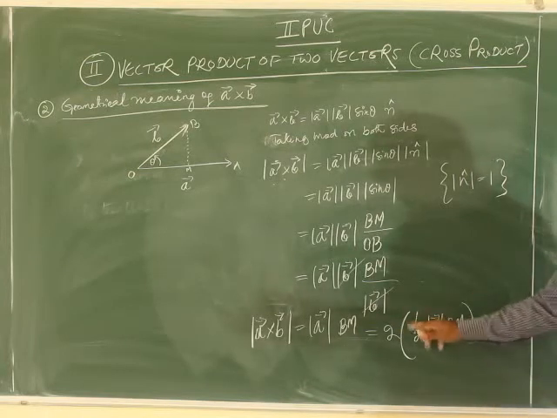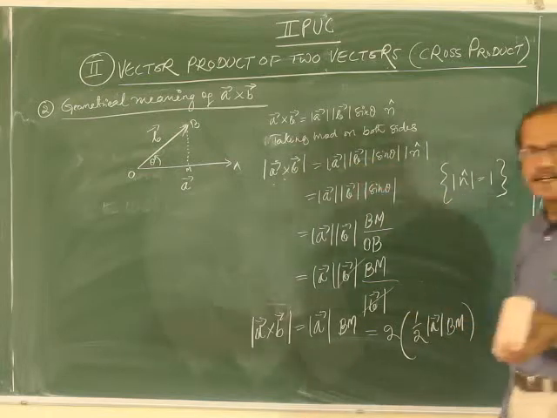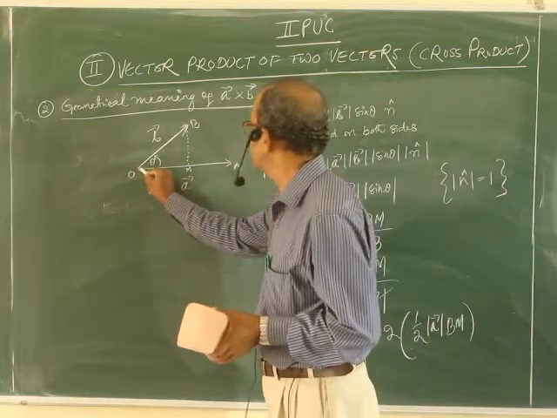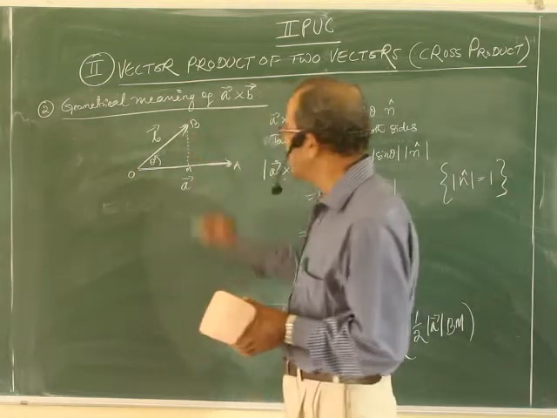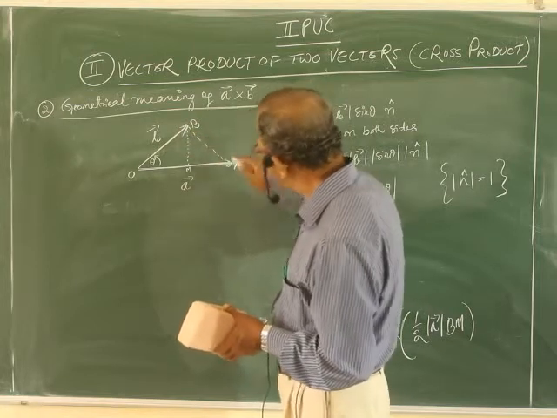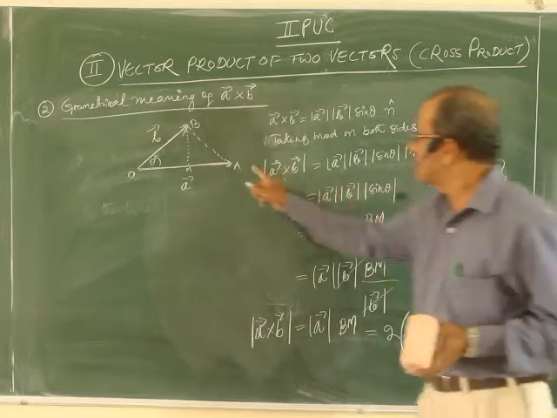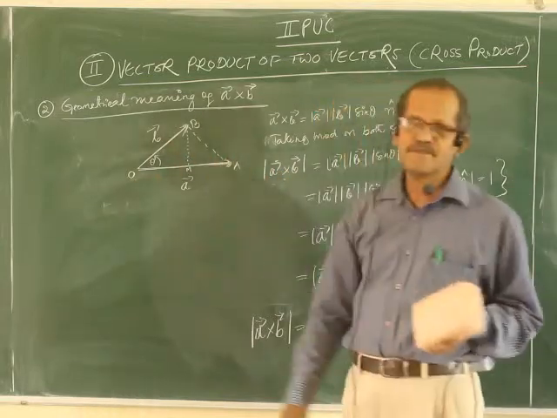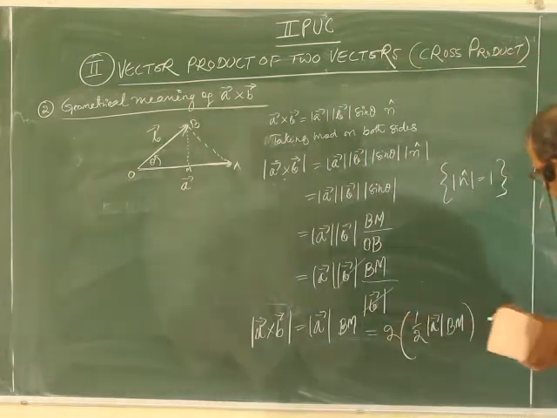But remember, this is half into base into height. Half into base, mod A, into height BM. So you get actually the area of the triangle OBA.